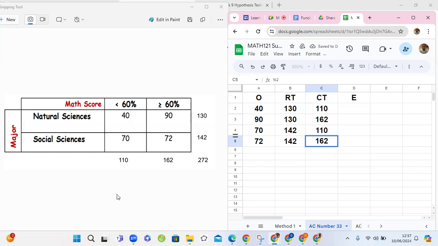Okay? So therefore, we can calculate the expected value, which is equal to row total times column total divided by grand total, which is 272. All right?